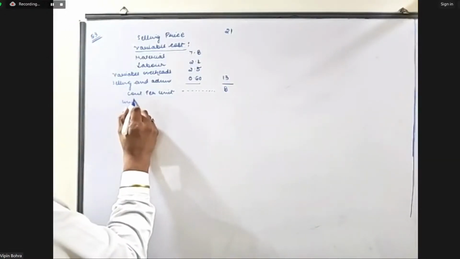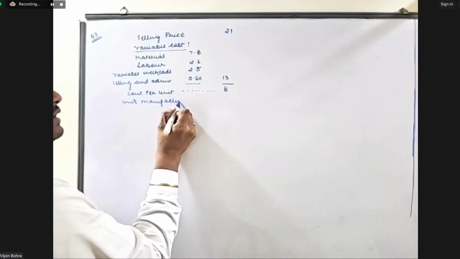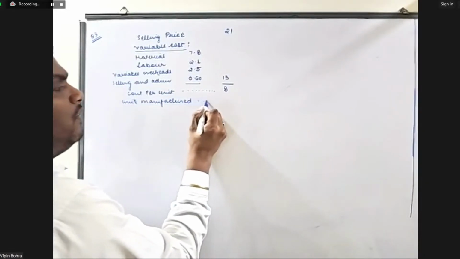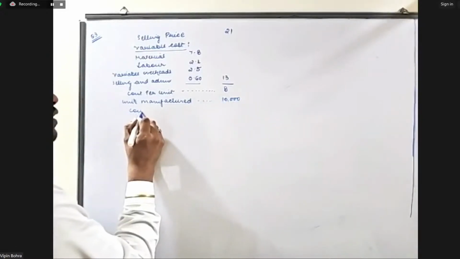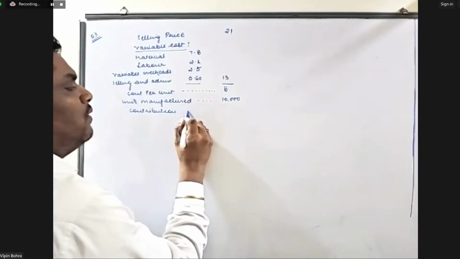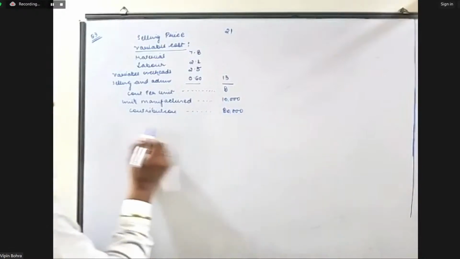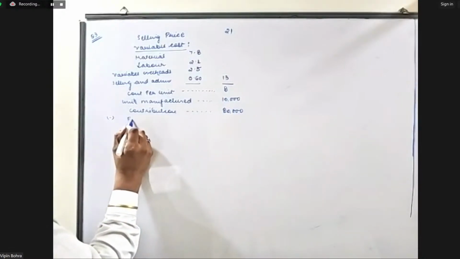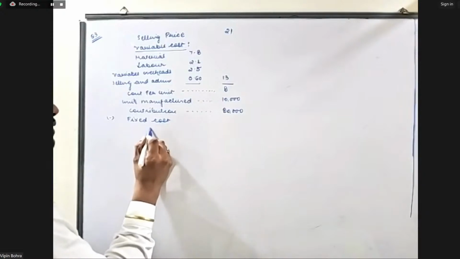Units manufactured in this quarter, we manufactured 10,000 units. So my total contribution will be how much? 80,000. If we subtract fixed cost, we'll get profit.